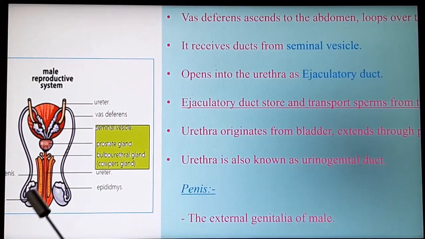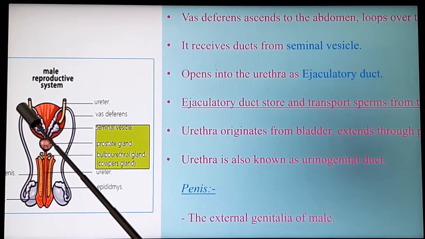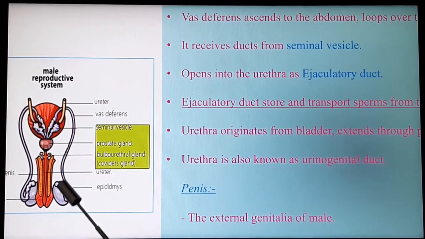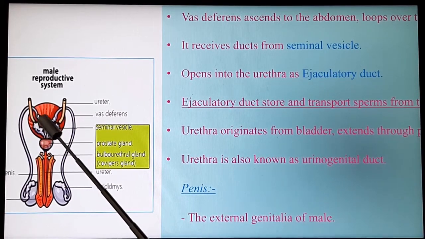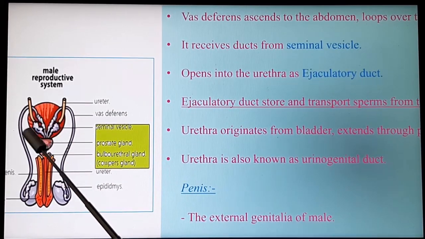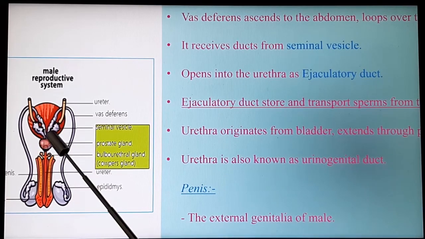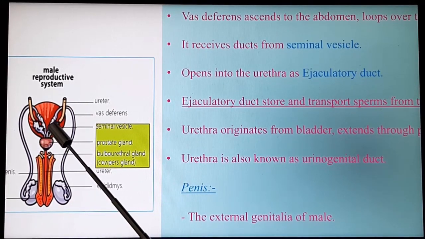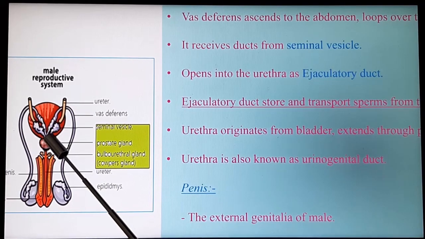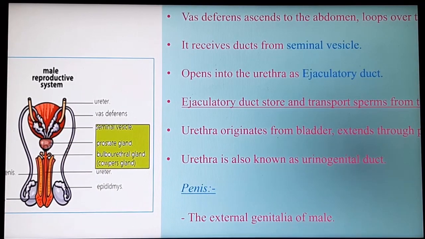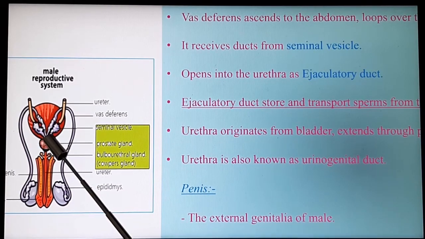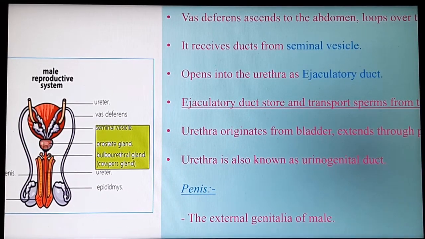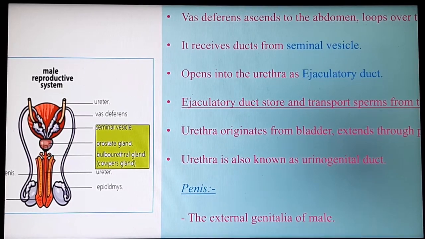You can see that the sperm duct or vas deferens that leaves from the testis loops around the urinary bladder and it receives ducts from the seminal vesicle, and the duct from the urinary bladder, which is known as the urethra.